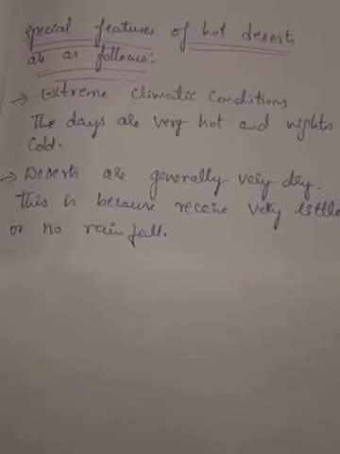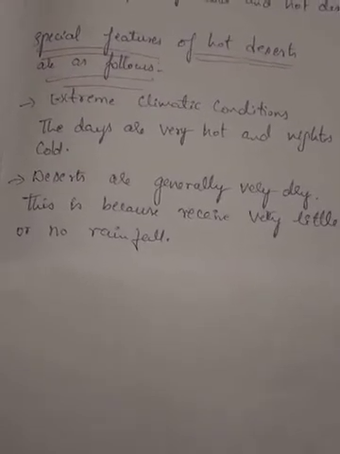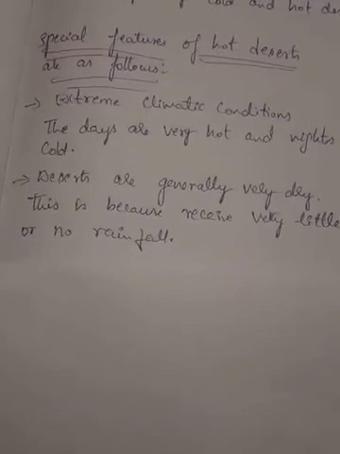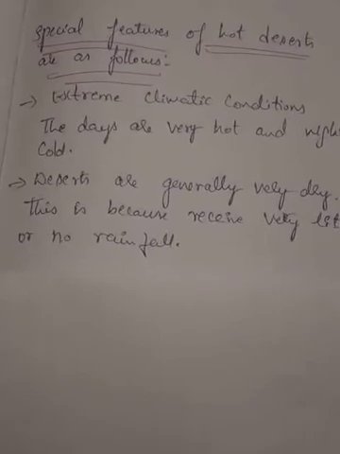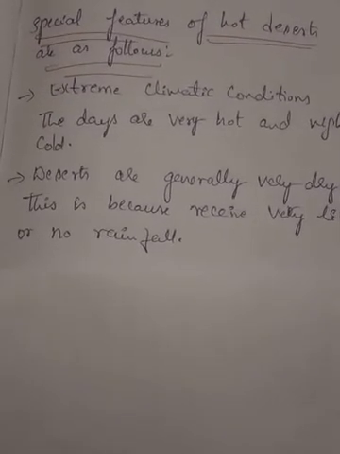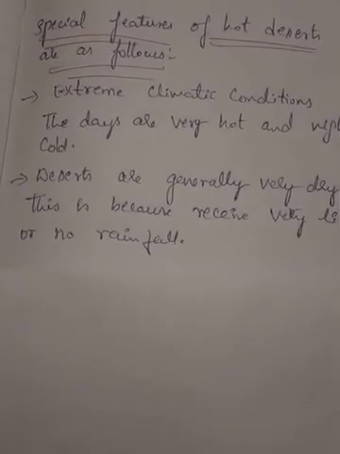Due to the extreme climate, during the day it will be hot and during the night cold. Deserts are generally very dry regions, and sandstorms are common in these areas.